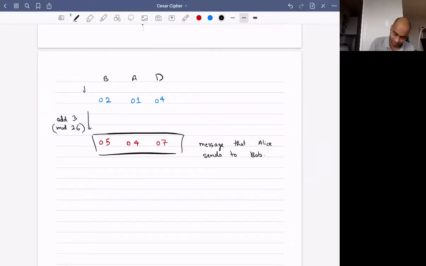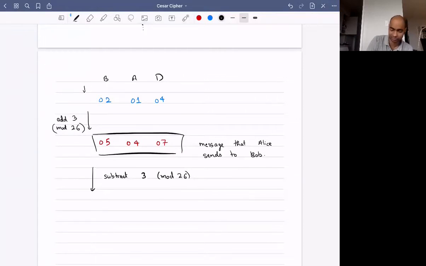And then what does Bob do? Bob simply subtracts 3 mod 26. Again, so that if your number was 1 and you subtract 3, you will get -2. But then you do mod 26, and that is you're finding the remainder that -2 leaves mod 26, that's 24. Okay? So that's why we're doing mod 26, so that it cycles around once you cross 26.